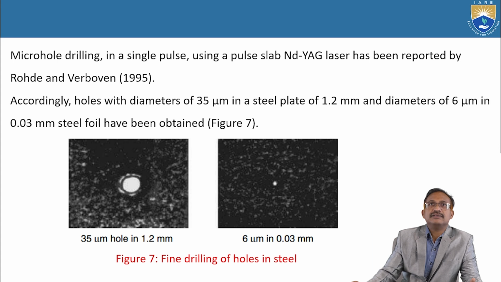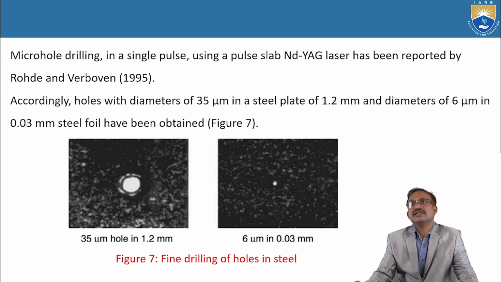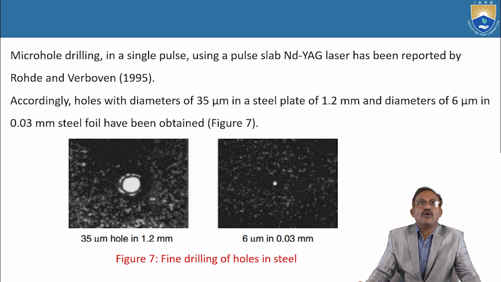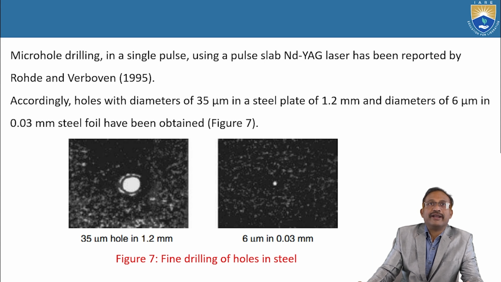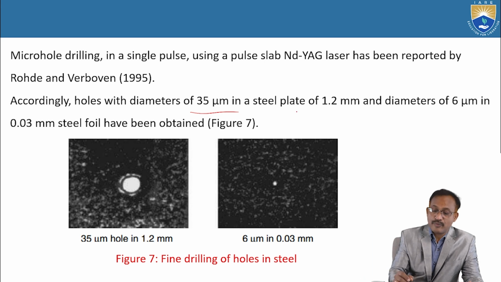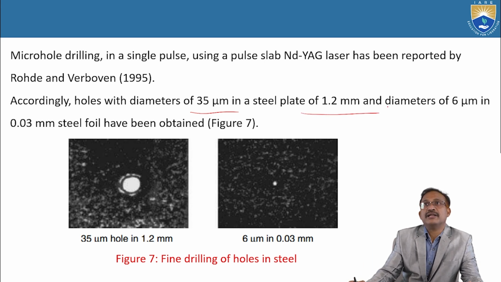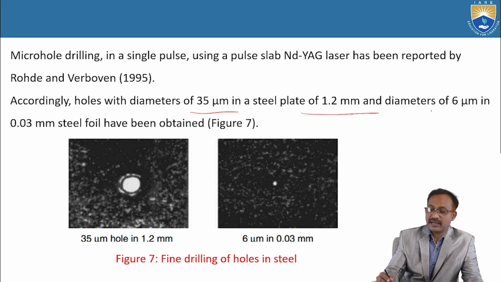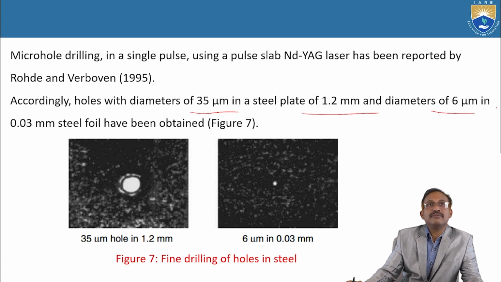Micro hole drilling in a single pulse using a pulsed slab Nd:YAG laser has been reported by Rohde and Verboven during 1995. Accordingly, holes with diameters of 35 microns in a steel plate of 1.2 millimeters and diameters of 6 microns in 0.03 millimeter steel foil have been obtained.